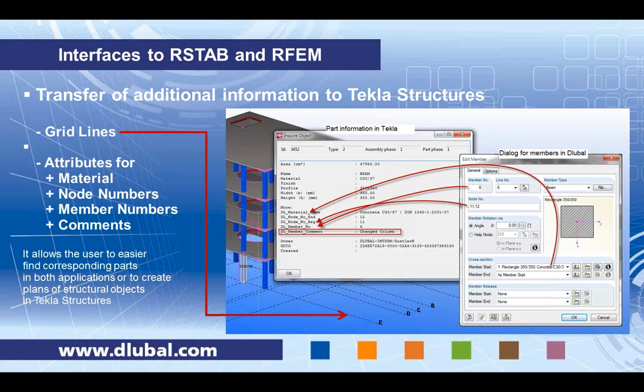Anyway, we can update the Tekla model with grid lines, with information about the used materials, and also the node numbering, and additionally comments. That means I can write there, for example, this is a new beam, and then this comment will also be there as a user-defined attribute, which you can use then for filtering inside Tekla and so on.